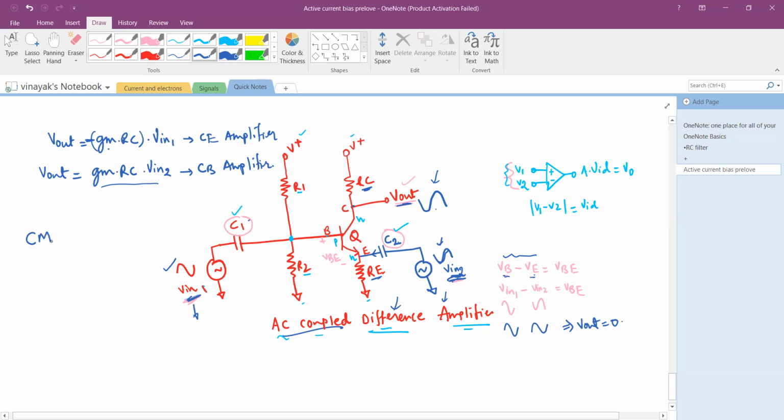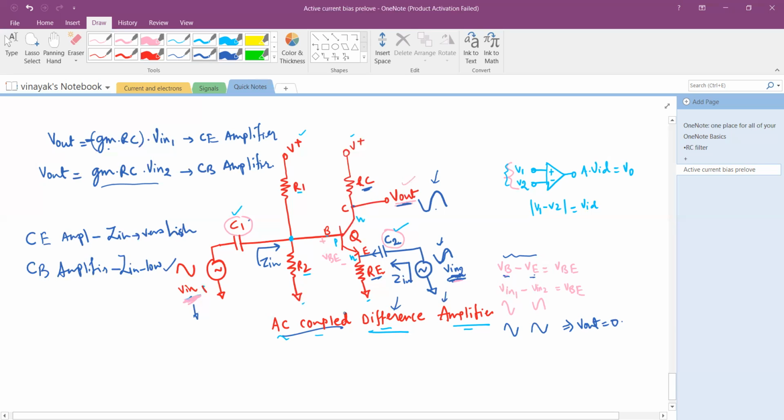Now, what about the input impedance of the common emitter amplifier? For a CE amplifier, the input impedance Z in, looking in right here, is very high. And for the common base amplifier, your Z in is low, looking at the input impedance of the circuit from this end.